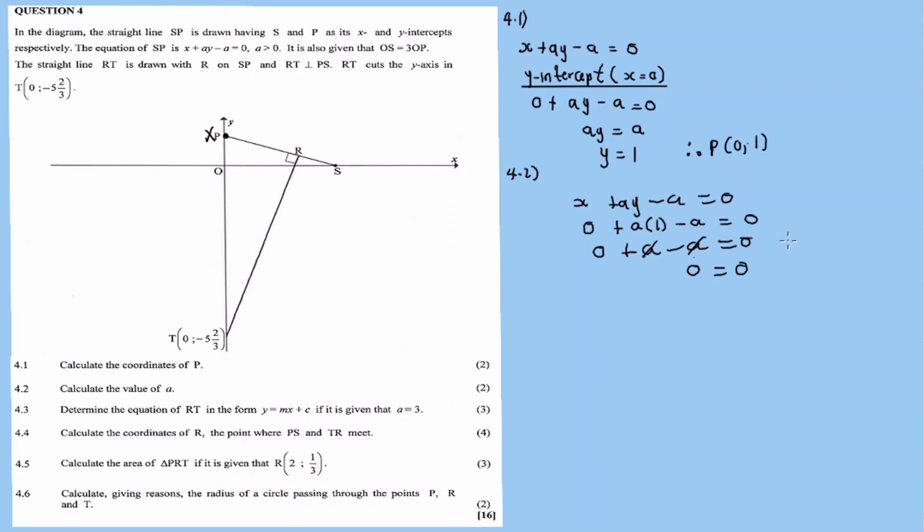So we need another point to use for this calculation of A. So for 4.2 again, let's go back to this equation, but this time we want a point other than P. Unfortunately the coordinates for R are not known, but the coordinates for S I do have. In fact, I can calculate.